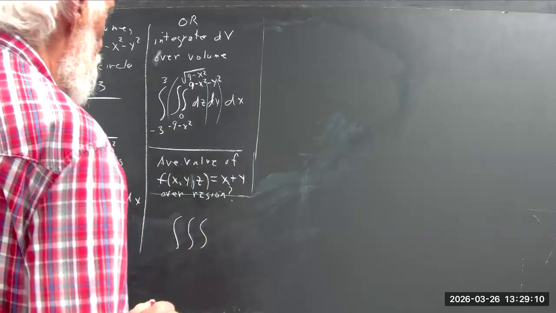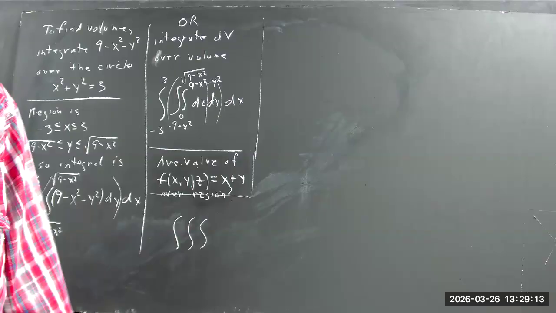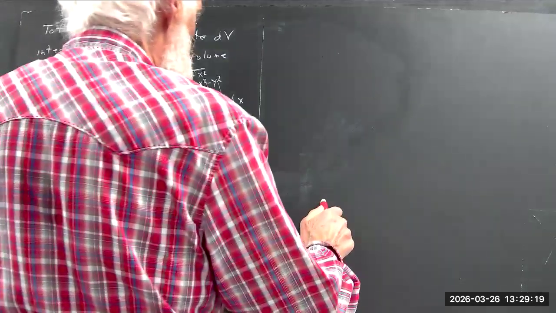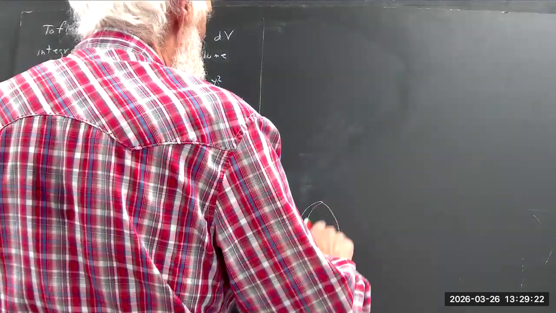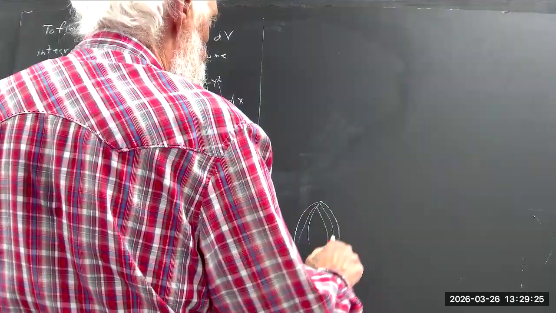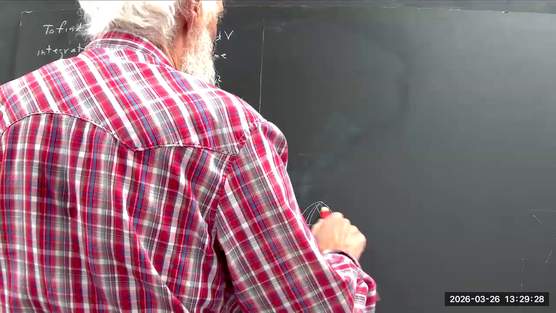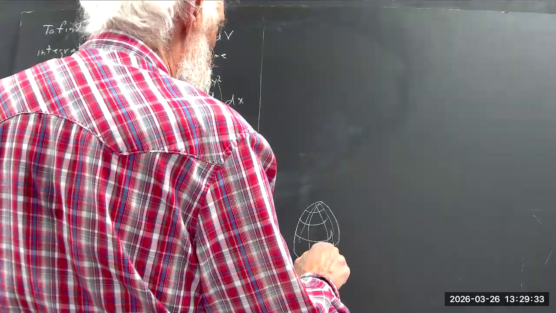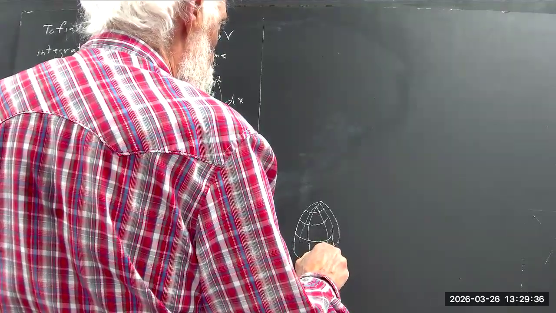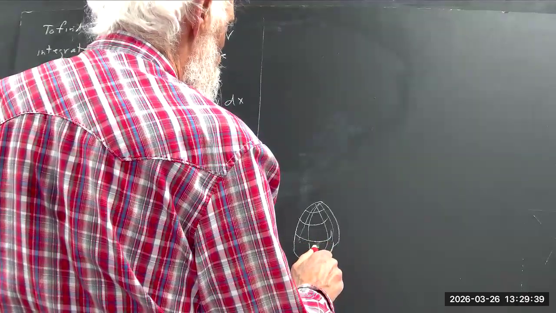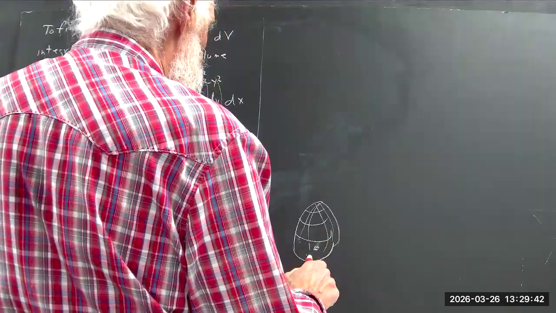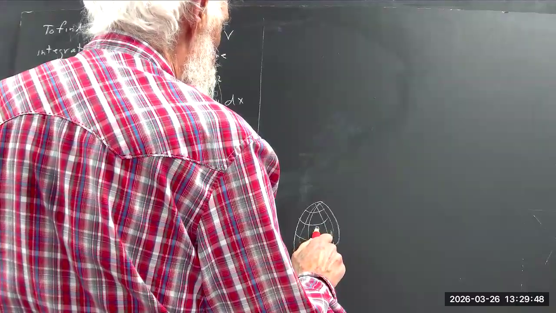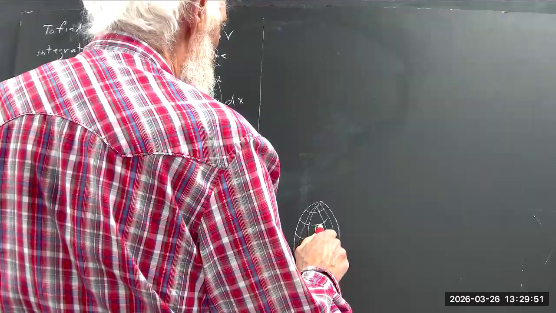First, you have to integrate f of x, y, z over the region. Now your picture is, you've got your region, looks something like this. Let's just take a typical volume increment somewhere within this solid.